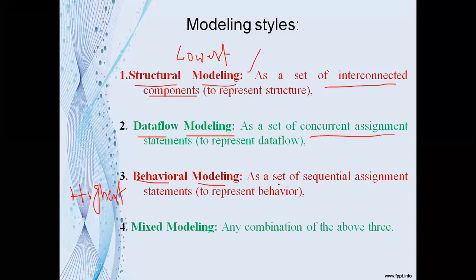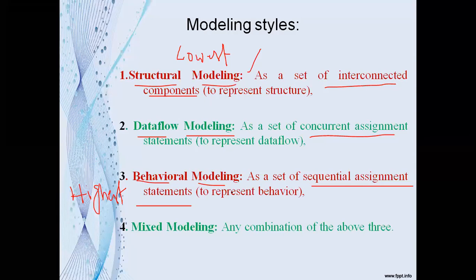Another point in behavioral modeling is that we use sequential assignment statements, because the statements are executed in an order. They have a sequence, and according to that sequence, the statements are executed one by one.